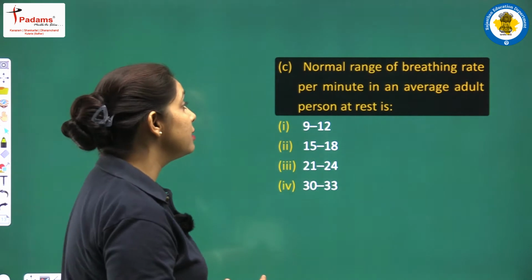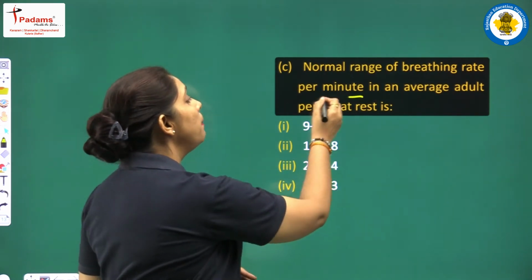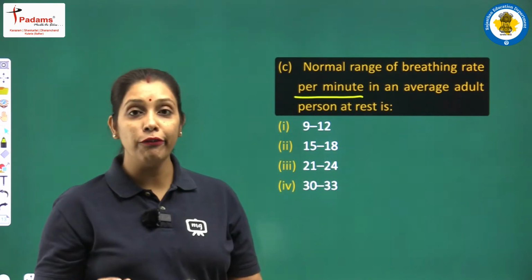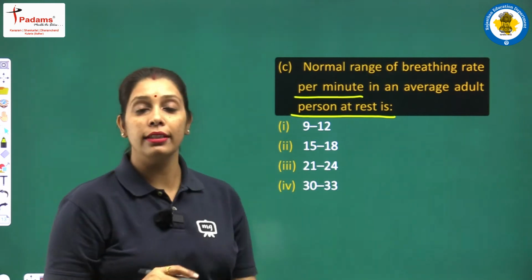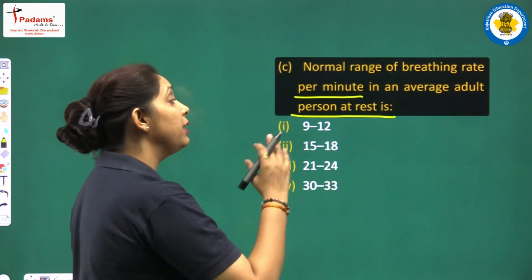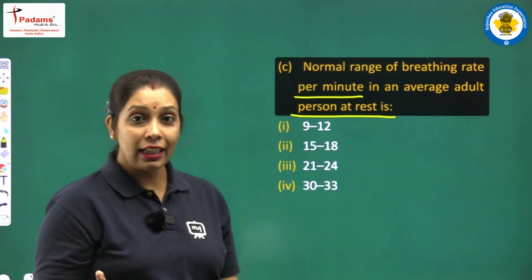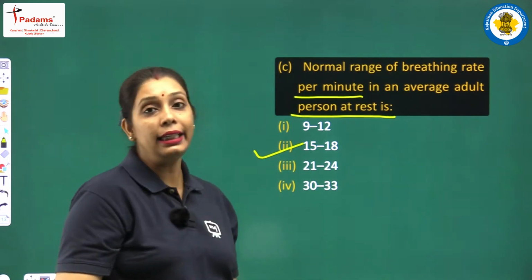And next one is normal range of breathing rate per minute in an average adult person at rest is. Yes, when an adult is in the resting position, what is the breathing rate? We already had discussed in the chapter, and it is 15 to 18.